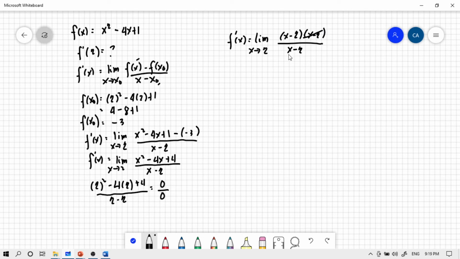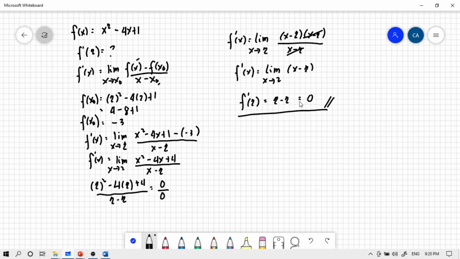X minus 2 cancel, and this is equal to f prime of x is equal to the limit of x minus 2 as x approaches 2. Substitute natin yung 2 sa ating equation. So we have f prime of 2 equals 2 minus 2, and this is equal to 0. So our f prime of 2 is 0.